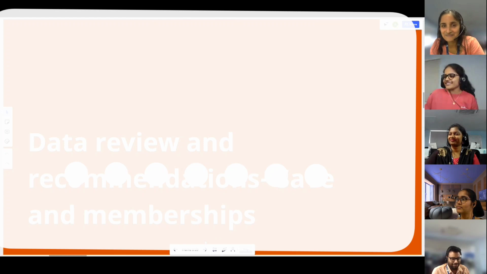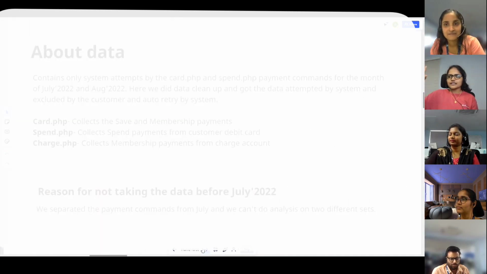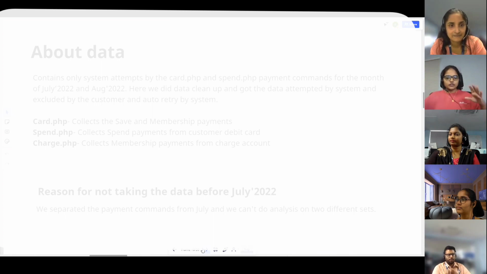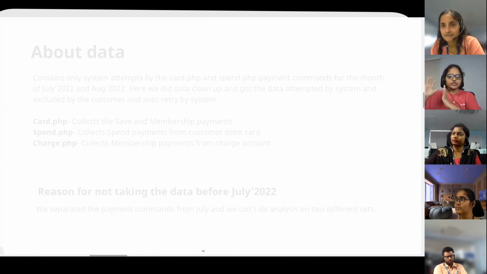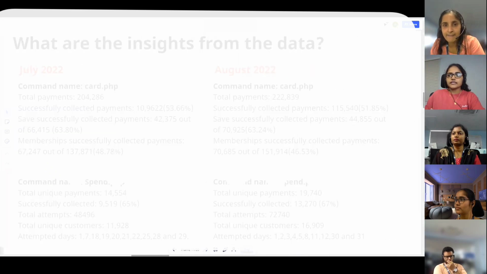Now, we'll see the data. Here, I'm going to give you a few tips also for visualizing. This is the visualization part. First, I'll tell what data I took: I took only 2 months of data and present it here. These are the insights from the data.